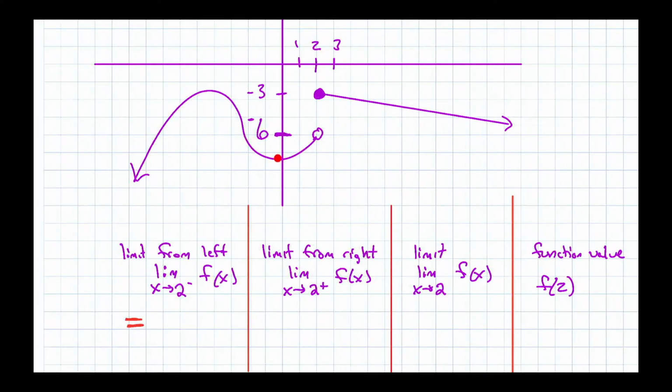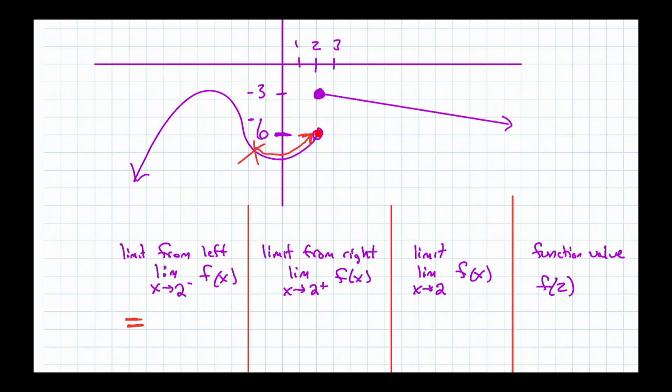So you want to just imagine that you're somewhere on this piece of the graph and you're heading towards x equals 2. Well, x equals 2 is here. So if you're somewhere on the left piece and you head towards x equals 2, then you just follow this curve this way until you get to x equals 2. And you end up right here. This is where you end up.